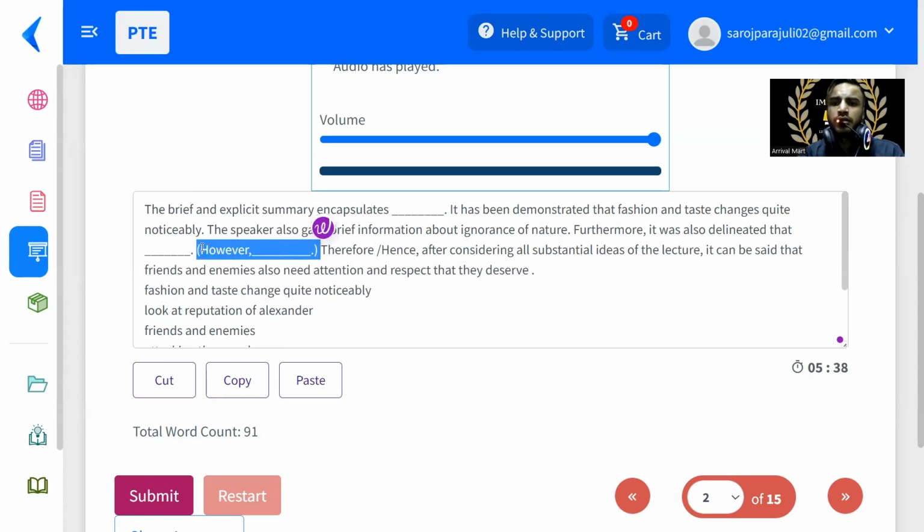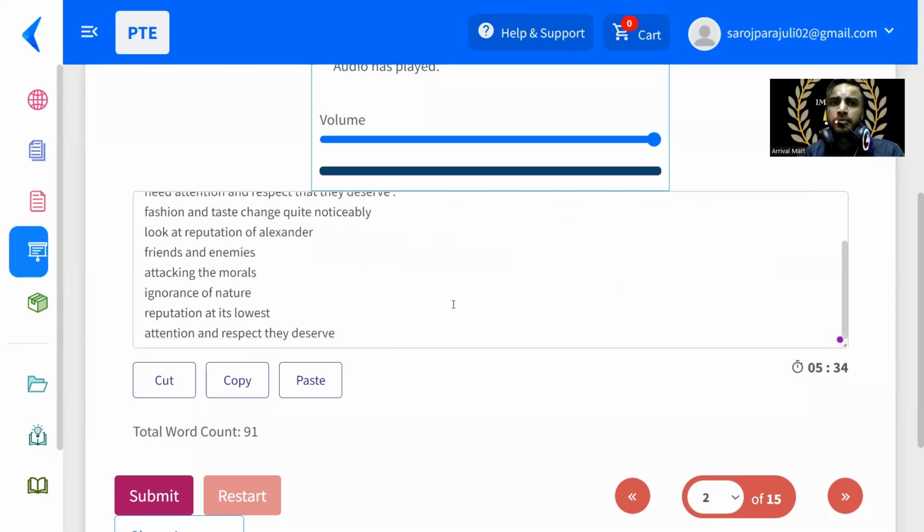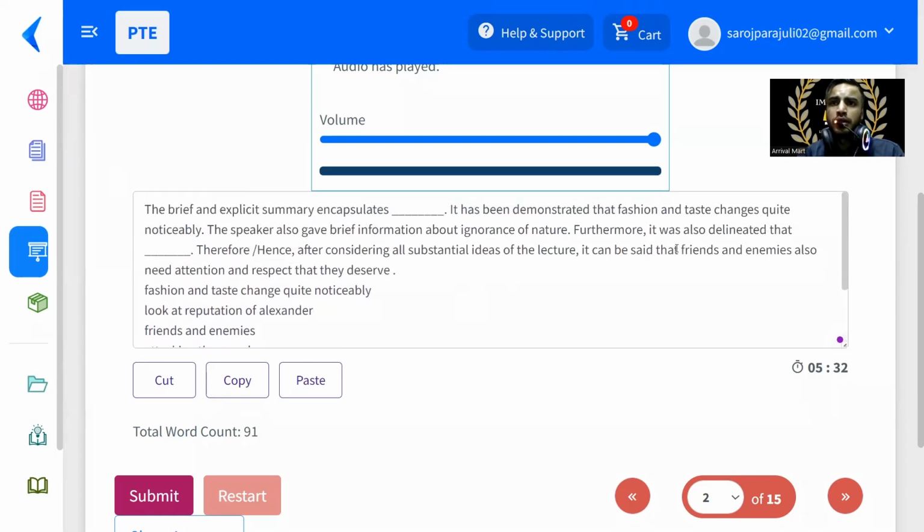Now another one. I'm removing this. Now I need two sentences first.